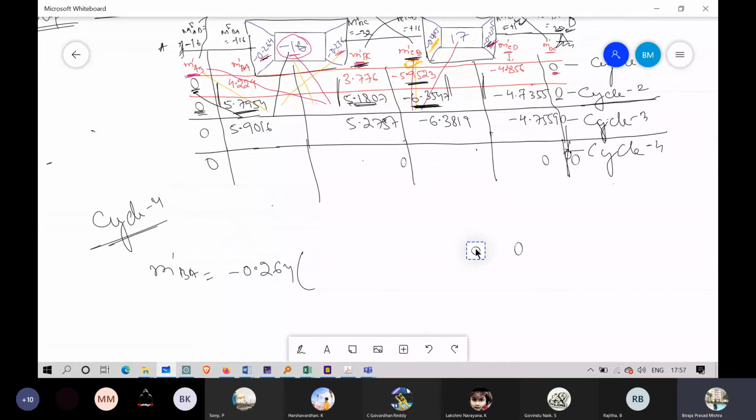The worst part with this Microsoft Whiteboard is that if you draw an O or something, it will consider it as a circle.